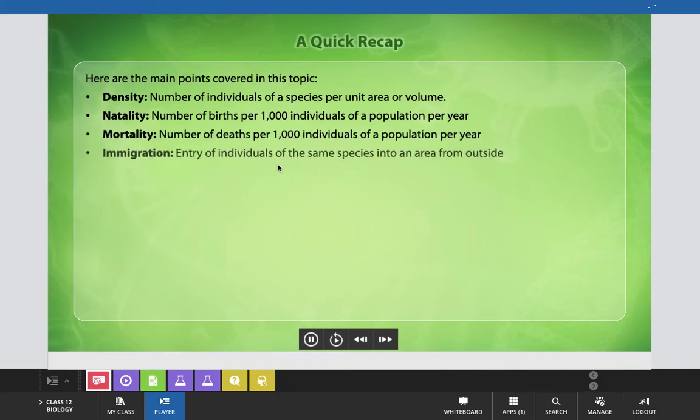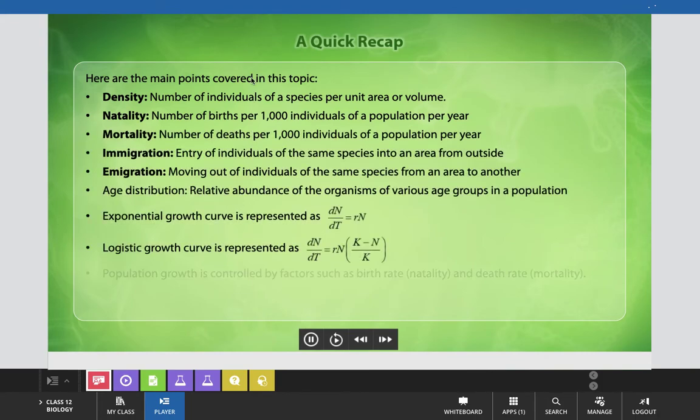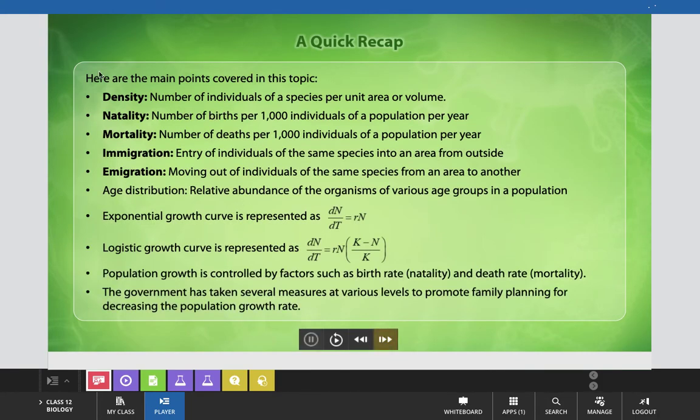Now, have a quick recap of the facts that we have discussed in today's class. Here are the main points that we have covered. Density, or population density: the number of individuals of a species per unit area or volume is known as population density. Natality: the number of births per thousand individuals of a population per year is known as natality or birth rate.